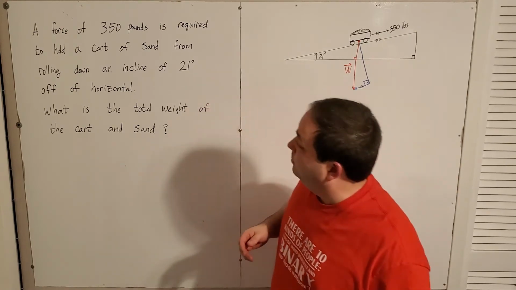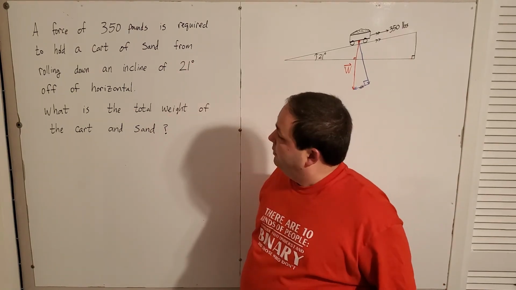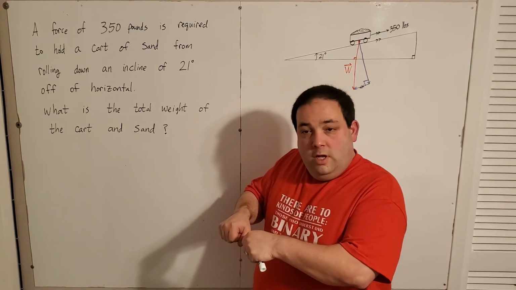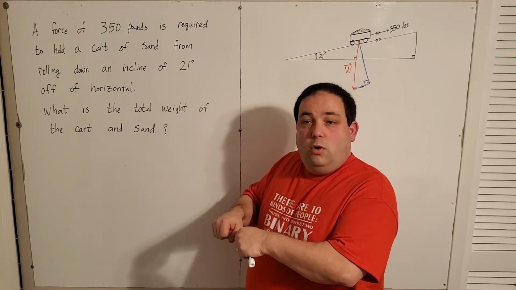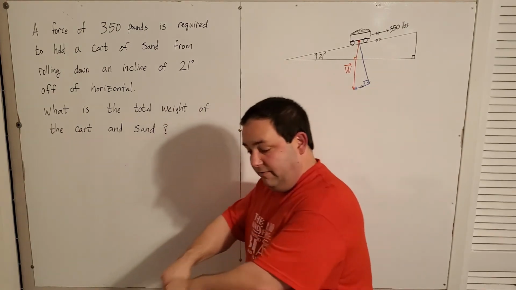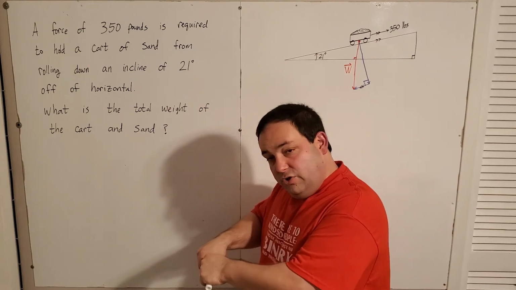Okay, so here we go. A force of 350 pounds is being used to hold a cart with some sand in it on an incline, right? So basically a ramp, right? And the 350 pounds is used to hold it.